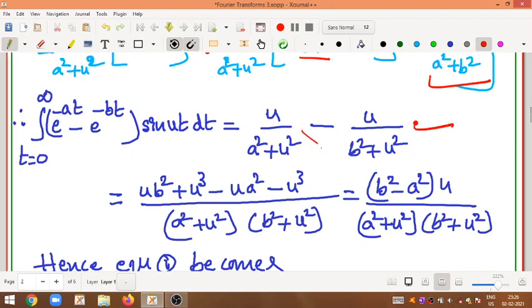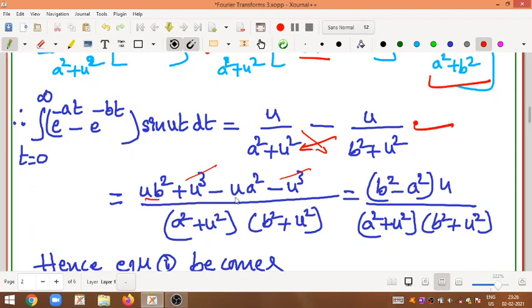So by cross multiplying, u into b square plus u into u square, u cube, again minus u into a square, minus into plus, minus u into u square, u cube. See here, plus u cube minus u cube get cancelled.